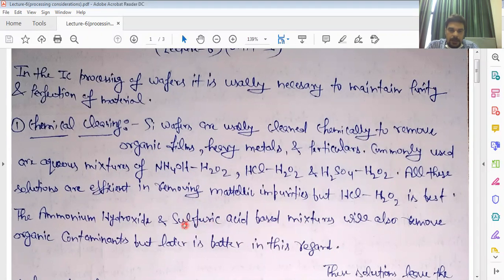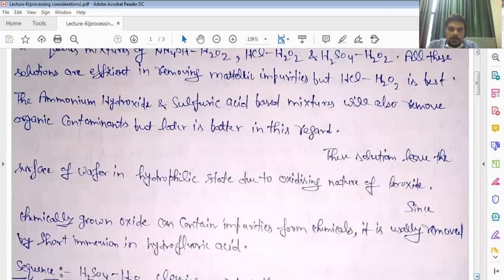So sulfuric acid H2SO4 H2O2 and NH4OH H2O2 are also used for removing organic contamination. For metallic impurities, all three can be used, but HCl H2O2 is best.